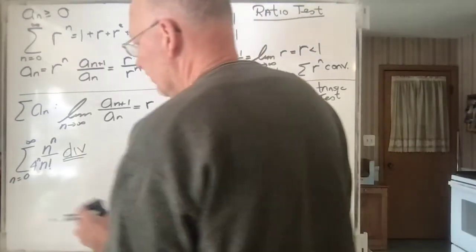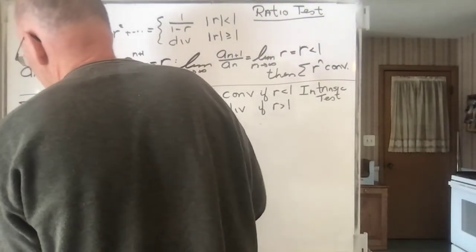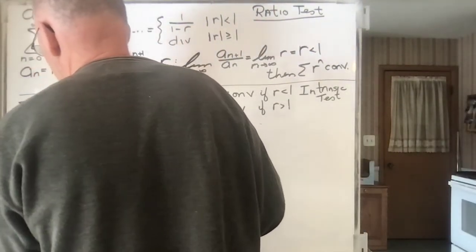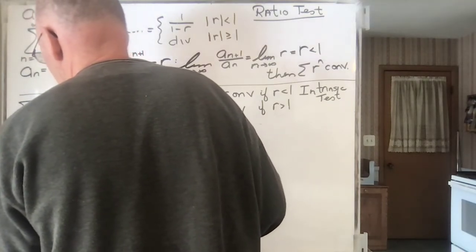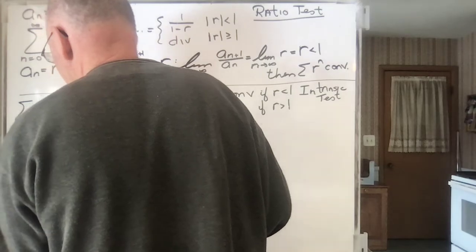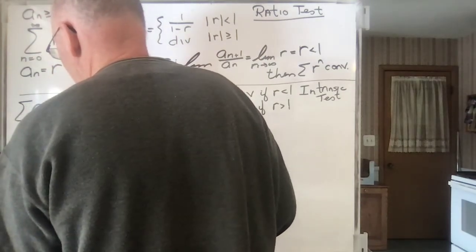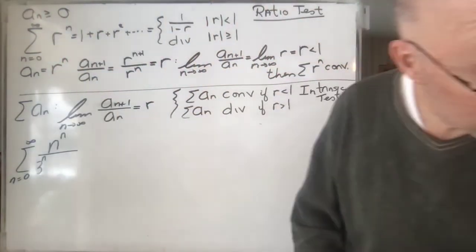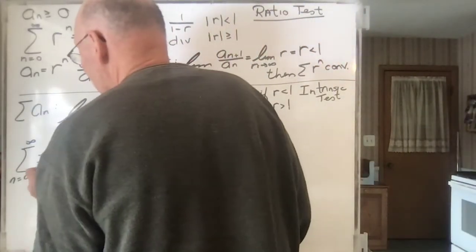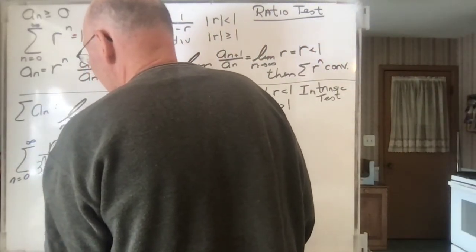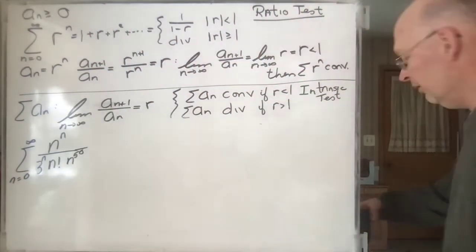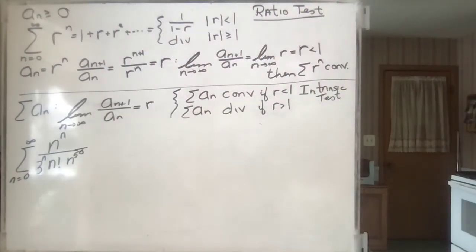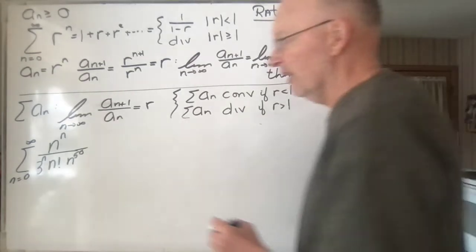In fact, let's really spice it up. I'll write it as 3 to the n, n factorial, and n to the 50th. I'll show you how messy these things can be.